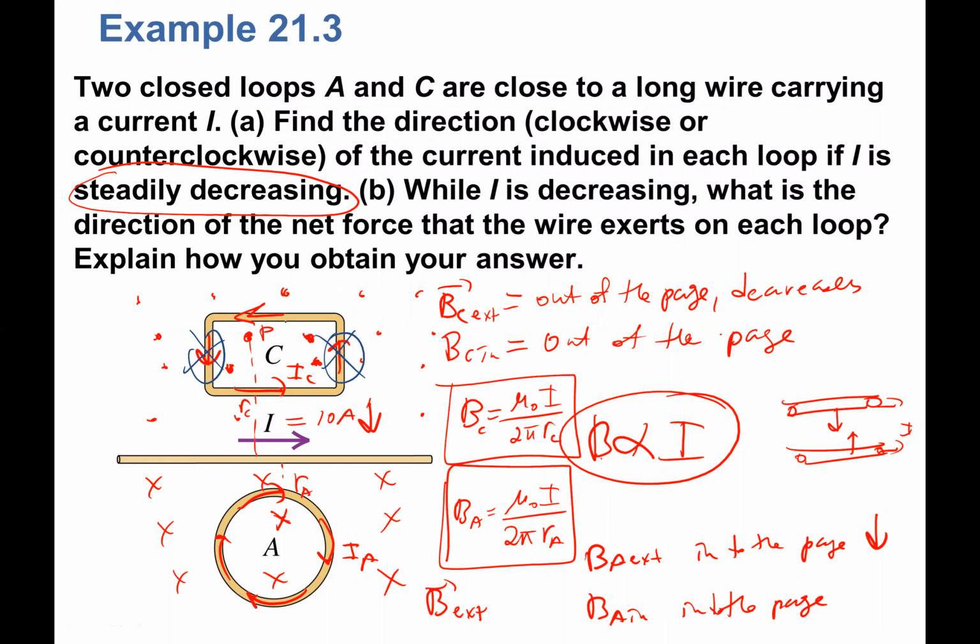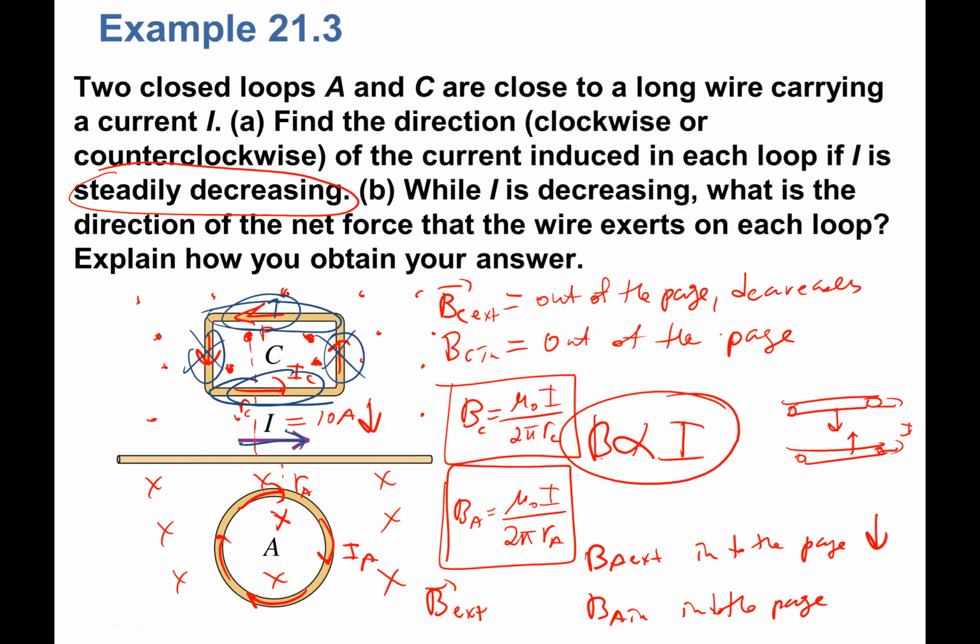But over here, you get one current in the opposite direction, and this one in the same direction. That means there's a net force here, pushing to the right and to the left. So basically the top part of loop C is going to be pushed upward.